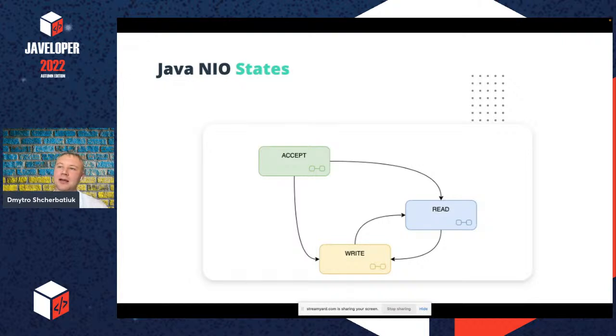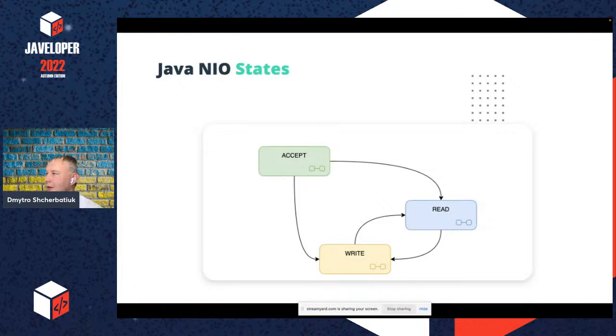If we create some server, we bind on a port, and the first event that we listen to is accept new connections. If some client connects to our server, we get an accept event, and then we process it. How we go to these states depends on our context.